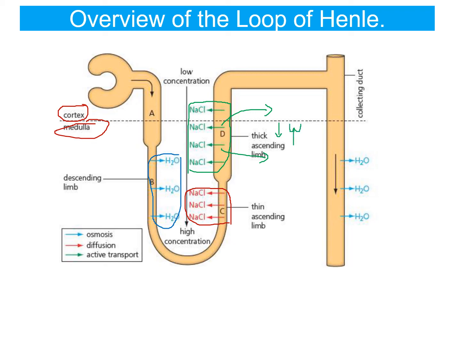Because you've pumped all this stuff out, as you're up here, you might have less water, but once again, because you pumped all the sodium ions and chlorine ions out, you actually have a relatively high water potential again. So whilst it's shown here just at the end over here, this then means more water can start moving out as we go through the proximal convoluted tubule, the distal convoluted tubule, and the collecting duct.